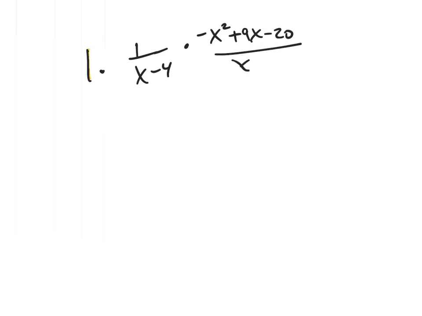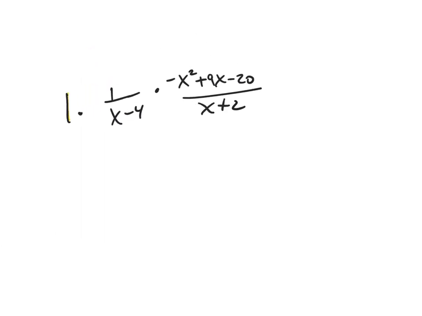Did you find it? Getting close? How about if I come back to you? Do you have it? Number 1, read away. So 1 over x minus 4 times negative x squared plus 9x minus 20 divided by x plus 2. Okay, awesome. Thank you.